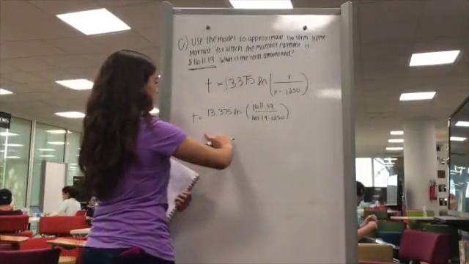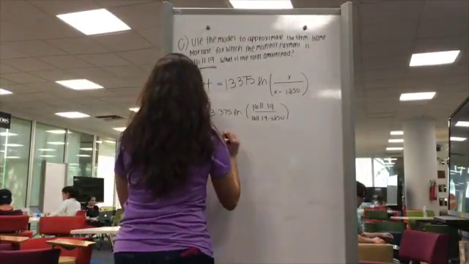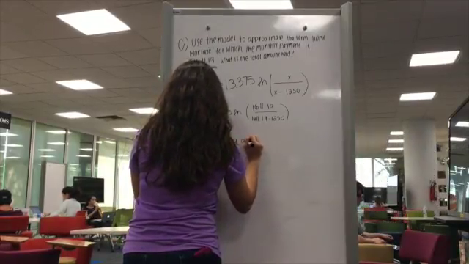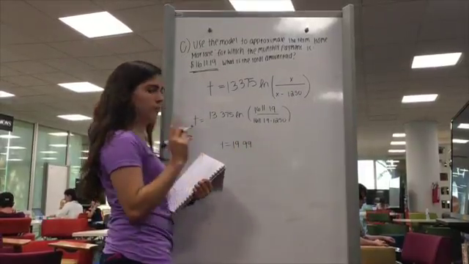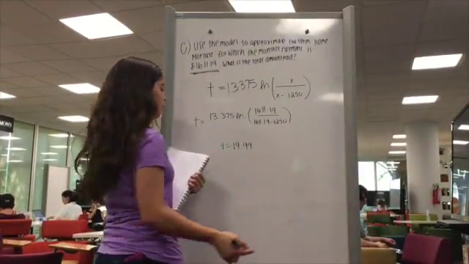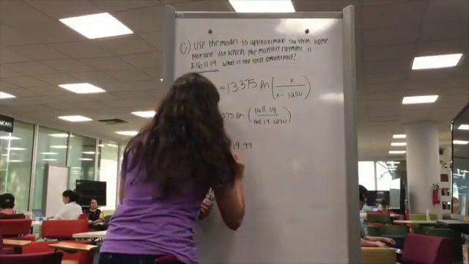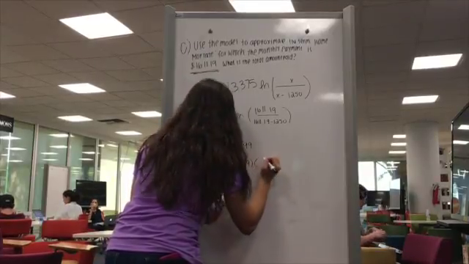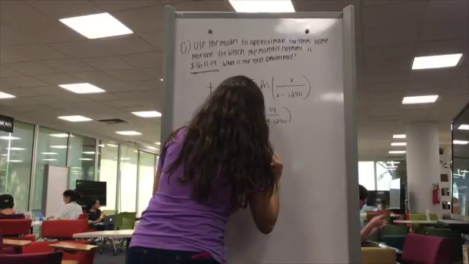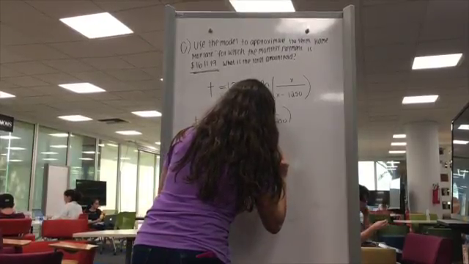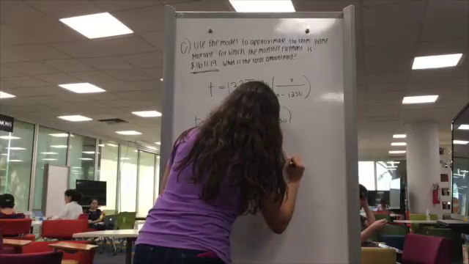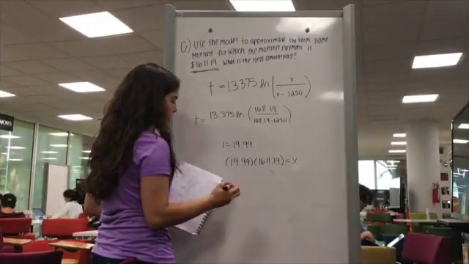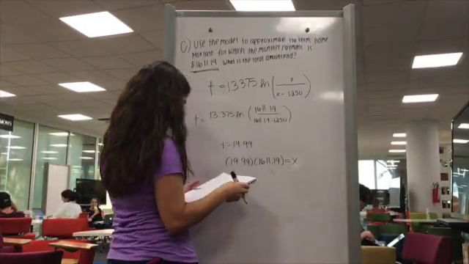Now we insert this directly into the calculator, which gives us 19.99 years. The next step is to multiply the time times the amount. We insert it directly into the calculator.